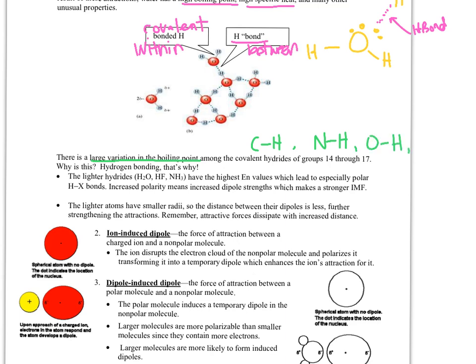Oxygen to hydrogen, hydrogen to fluorine, or fluorine to hydrogen, I guess I should say it that way so I can keep it consistent. So there's a large variation in boiling point when I go this direction, right? And the reason has to do with hydrogen bonding. There's an especially large variation when I go from CH to NH. We see a very large jump in boiling point.